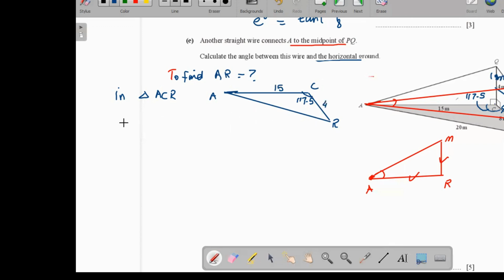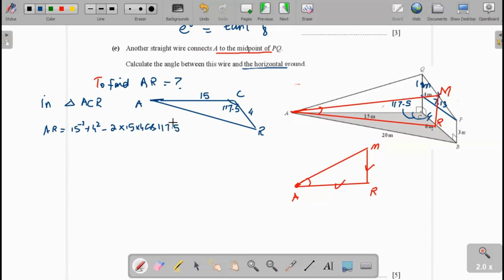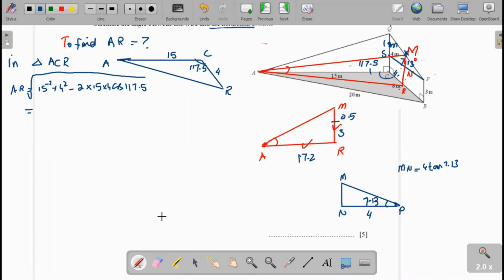Now we use the cosine rule, therefore AR will be equal to the square root of 15 squared plus 4 squared minus 2 times 15 into 4 into cos 117.5 degrees. The answer is 17.21. Therefore, 17.21 is the length of AR, and we write it here.